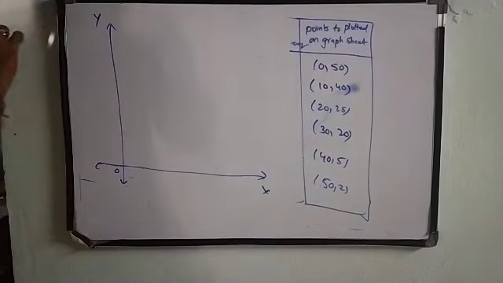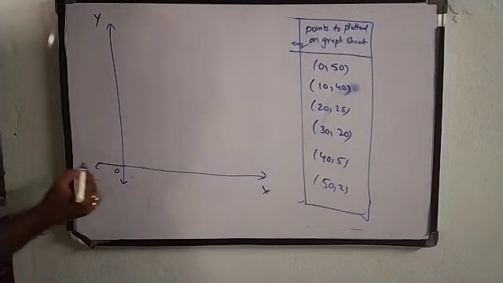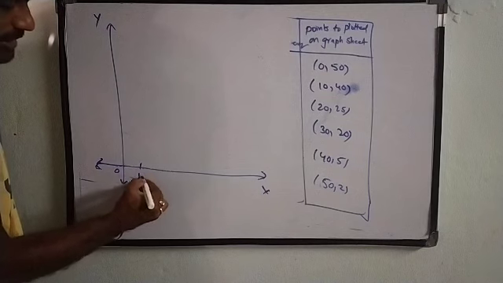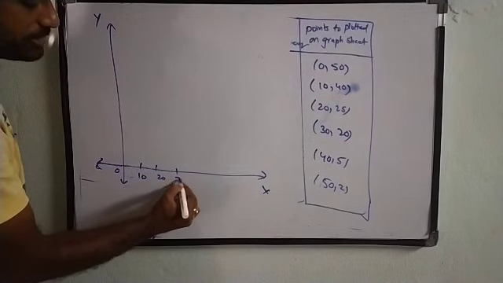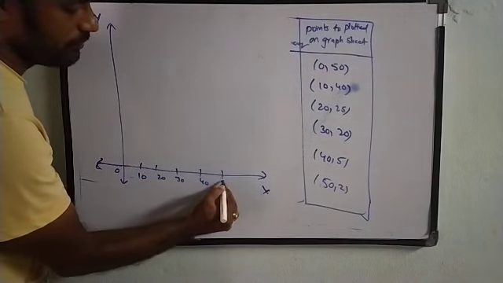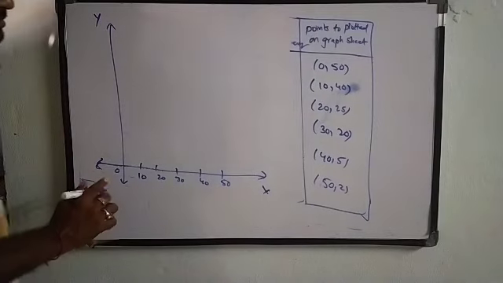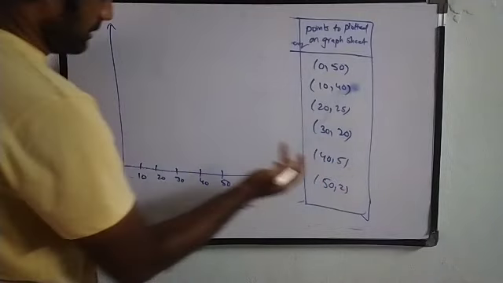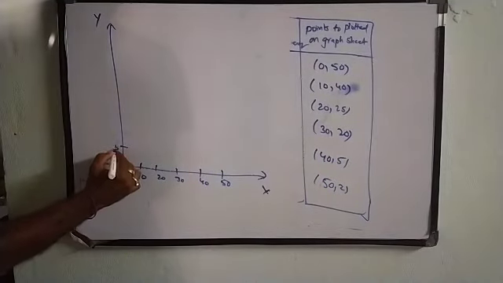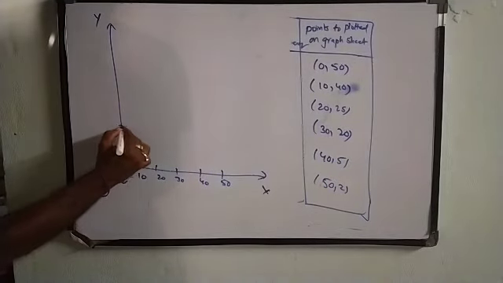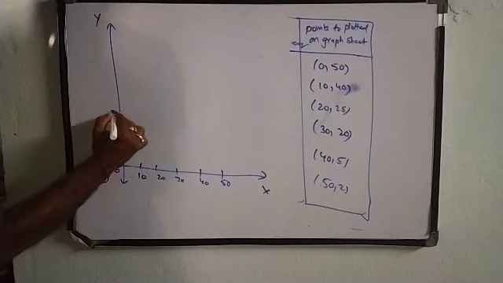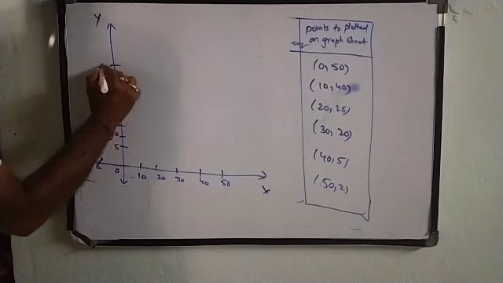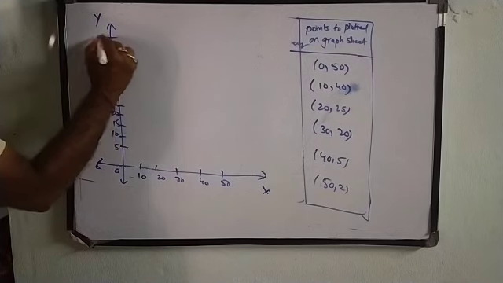On the x-axis, the class intervals 10, 20, 30, 40, 50. Next, let us take 5 in a similar way on the y-axis. So here 5, 10, 15 up to 50 we will take.